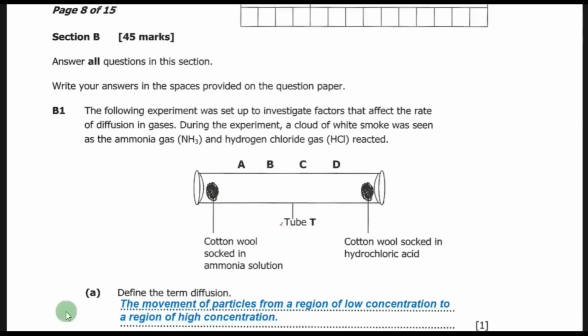I thought I was saying it's the movement of particles from a region of high to low, but I was saying from low concentration to high, which is not true. The correct answer should have been the movement of particles from a region of high concentration to a region of low concentration.